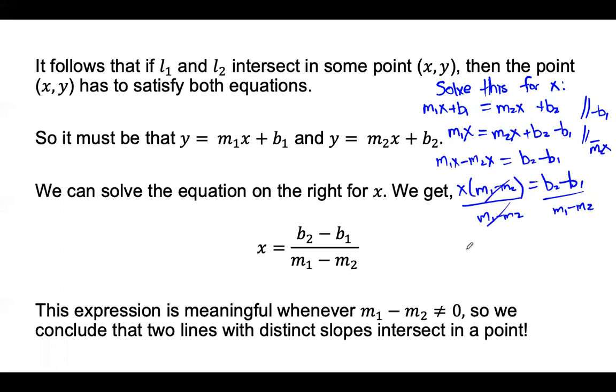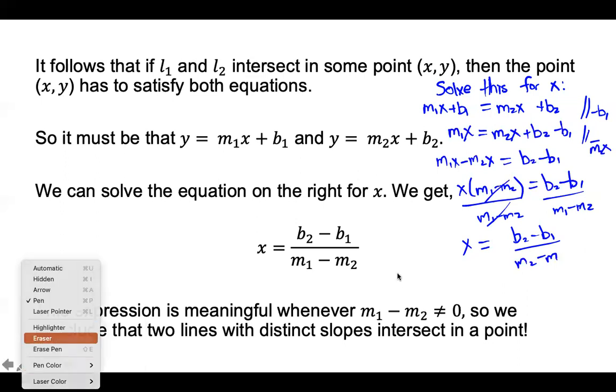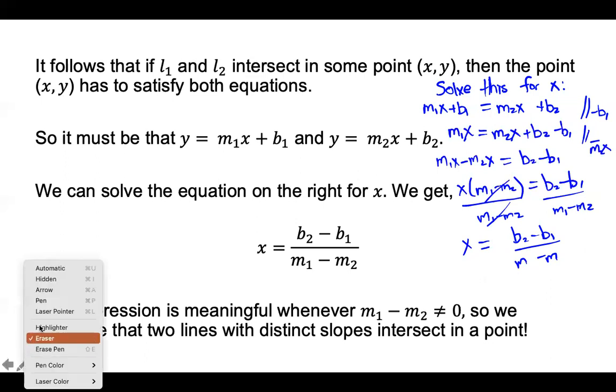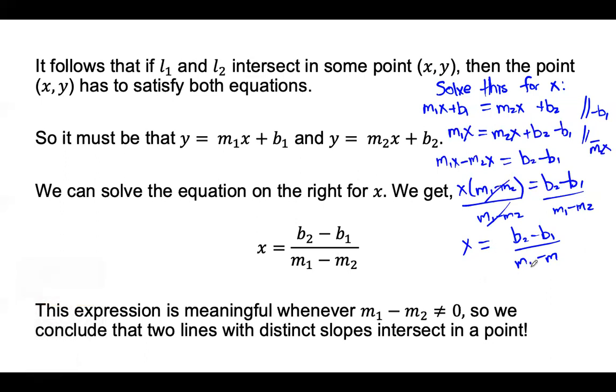This and this cancel, and we get x is equal to B2 minus B1 divided by M1 minus M2. Okay, perfect, which is this right here.